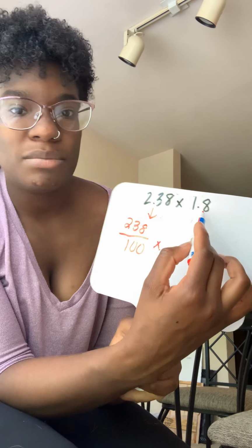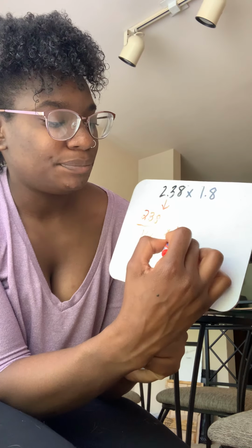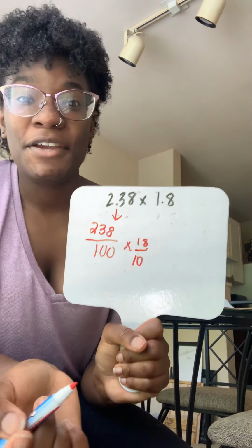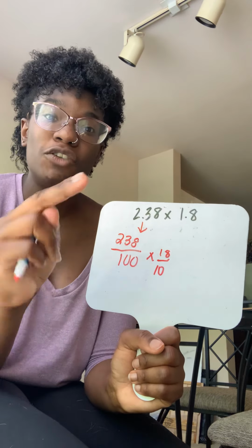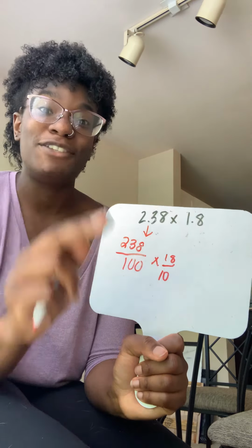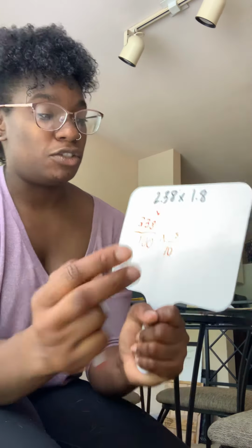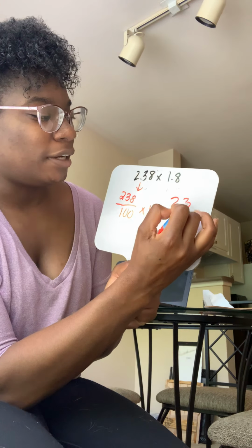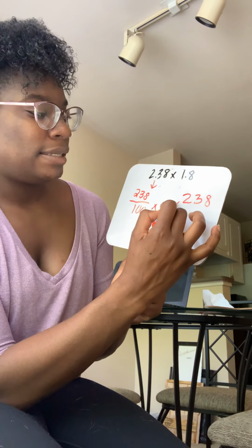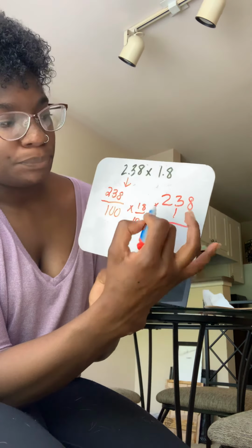And we've got to multiply that by 1 and 8 tenths, or 18 tenths. All right? And this is even more complex. We're not doing 2 digit by 2 digit, sorry. We're now multiplying 3 digit by 2 digit. So we've got 238 times 18.